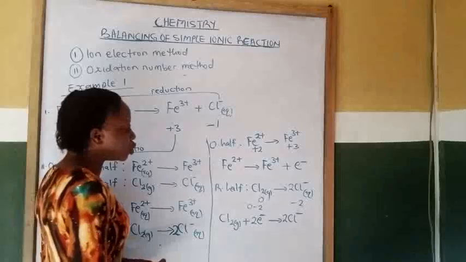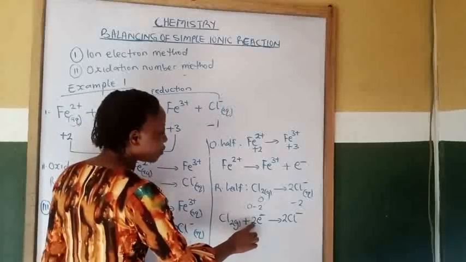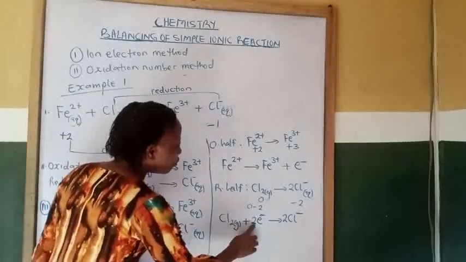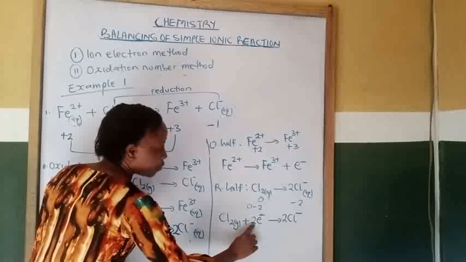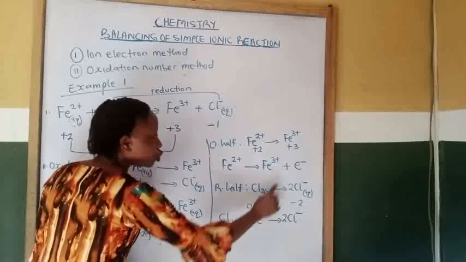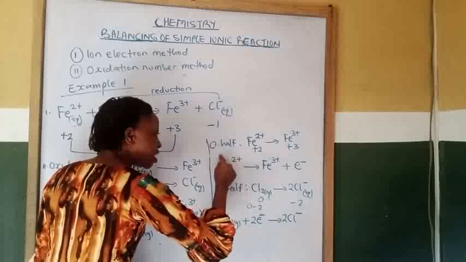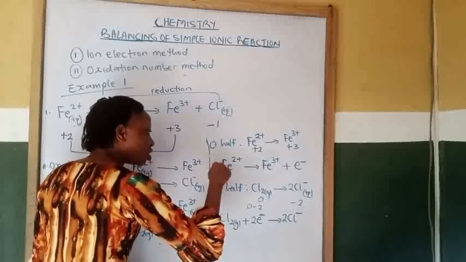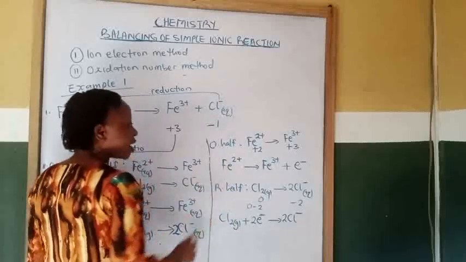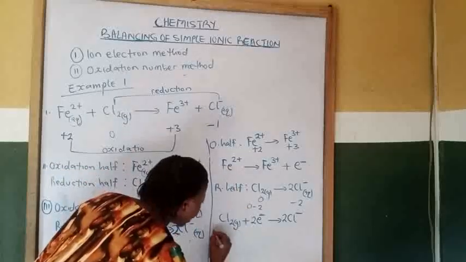Now, what are we going to do? We use the coefficient of electron from the reduction half to multiply the equation from the first half reaction. Now, let's bring the two down here.